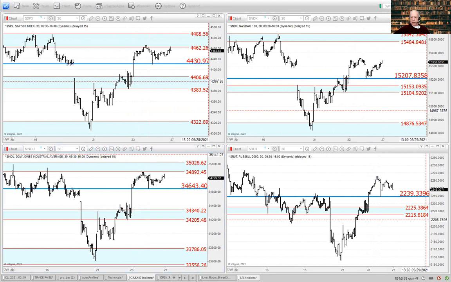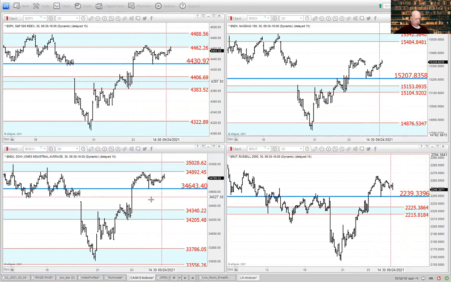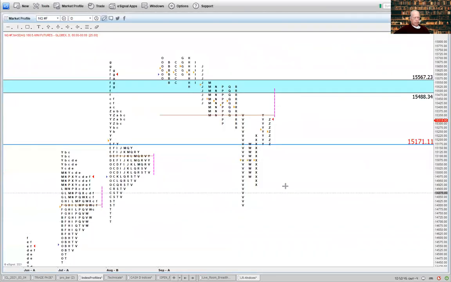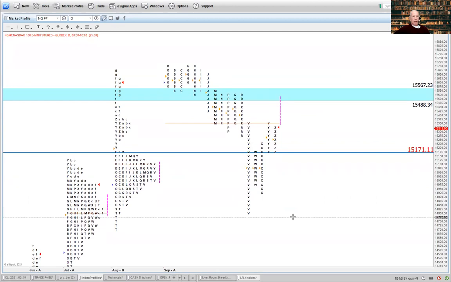All right, let's take a look at the profile view of the indices. I have basically split out the profile for those of you that may be new. People find me because of market profile, but as I say all the time, I'm not a market profile trader. I'm just a trader.